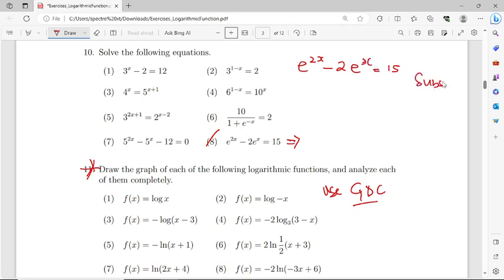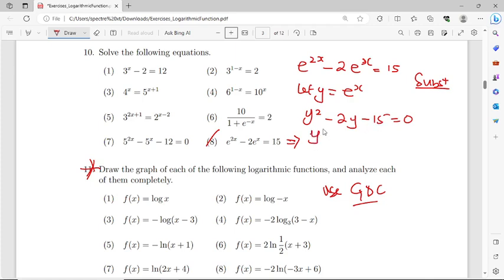Just substitute. So you say let y is equal to e raised to x. So then we will have y squared minus 2y, bring 15 from the other side, is equal to 0. Okay, what are the factors? So you get that it is negative 5 and 3.